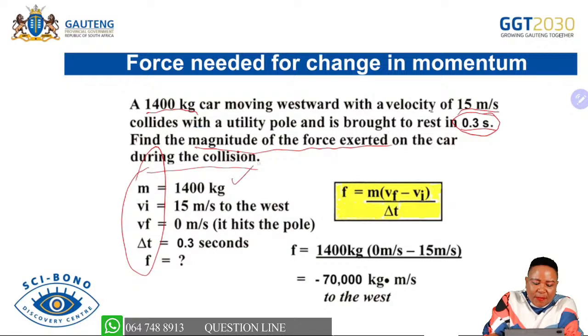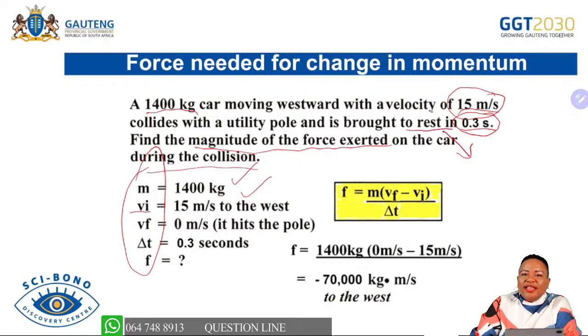We are provided the mass, we are provided the velocity of an object, we are provided the initial velocity, because remember, it started at 15 meters per second and it was brought to rest. So immediately when you see words like rest, already there is hidden data that is provided to you. The examiner is telling you that it started by moving at 15 meters per second, but at the end of the day it stopped. So it means we have the final velocity and the initial velocity.